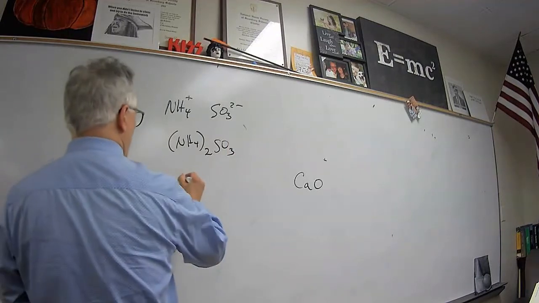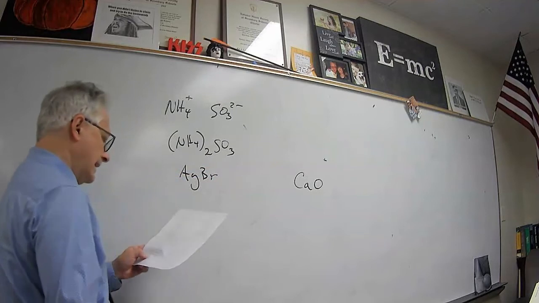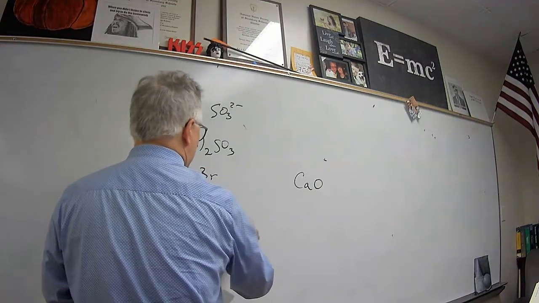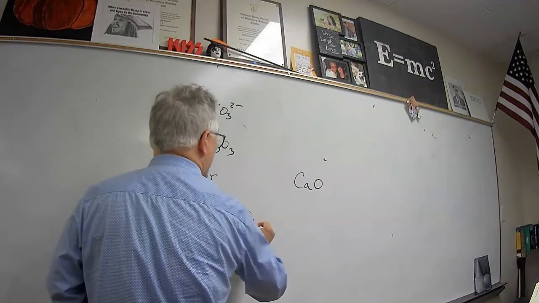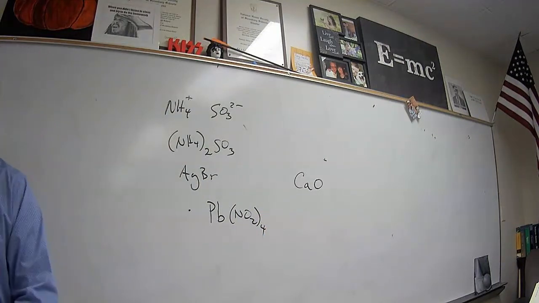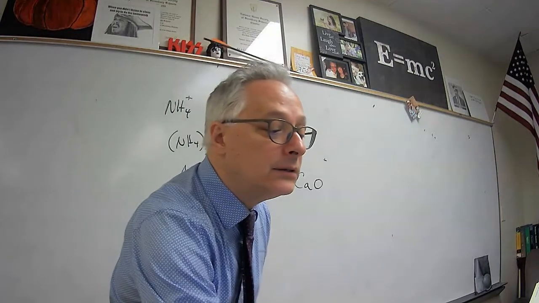Silver bromide is AgBr, +1, -1. Lead 4 nitrite, lead +4 charge. Nitrite has a -1 charge. So there's my lead nitrite. So hopefully you got them.